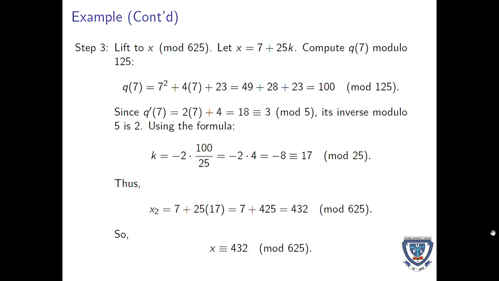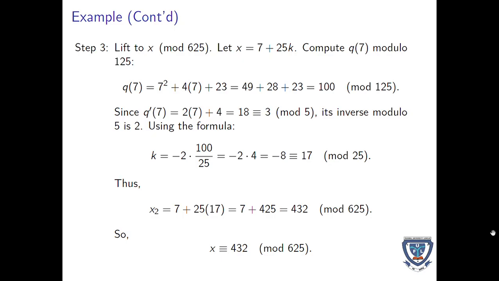Actually, it's minus 8, but minus 8 in mod 25 will give us 17 mod 25. Now, our x2 will be 432 mod 625.